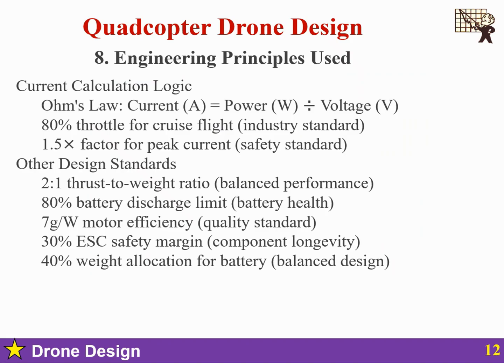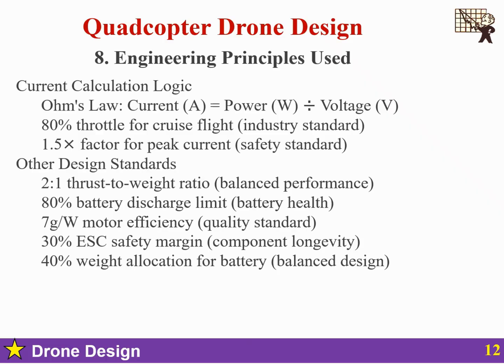Now we have the engineering principle summary for a complete drone design. The engineering principles for a 3 kg design remain fundamentally the same as for 1 kg, but the application reveals important scaling effects. First, current calculation logic. We still use Ohm's law as a foundation, but notice how voltage selection becomes more strategic.